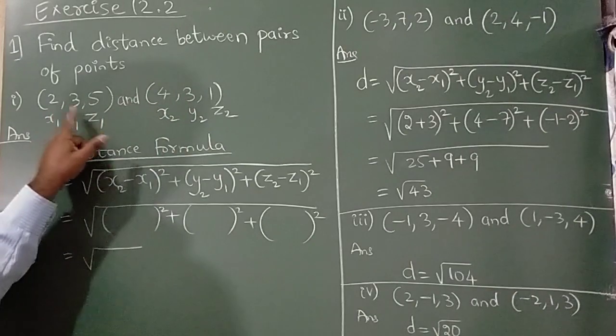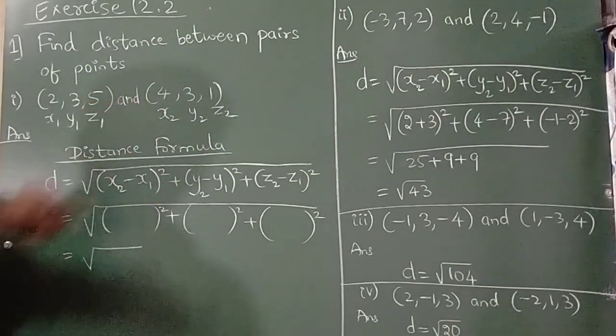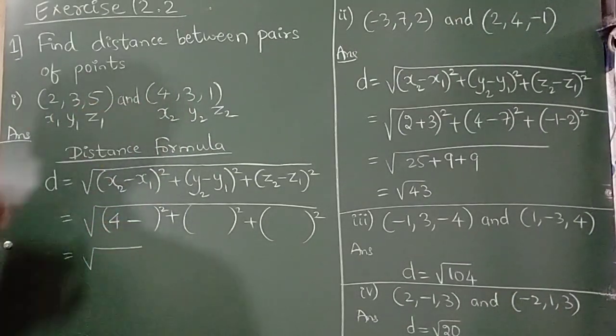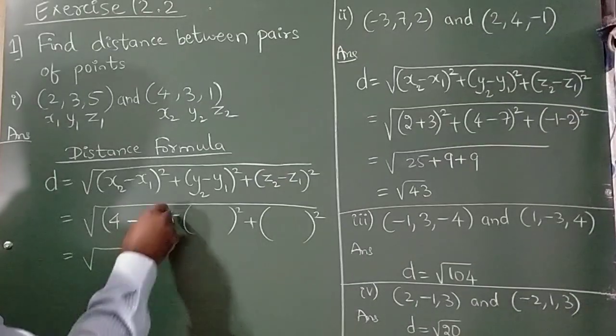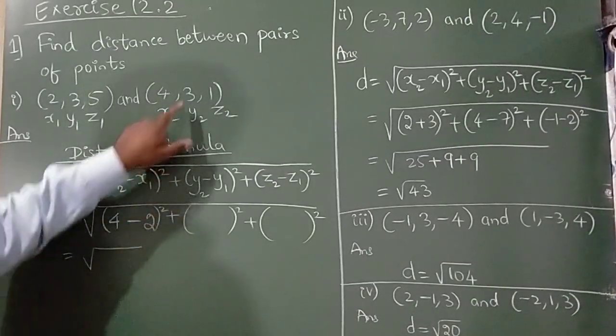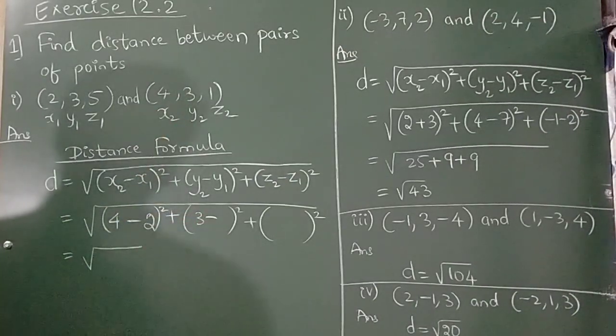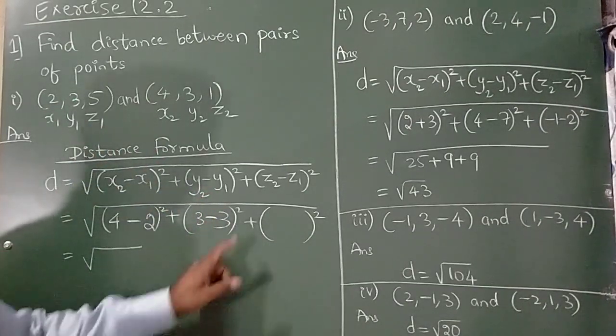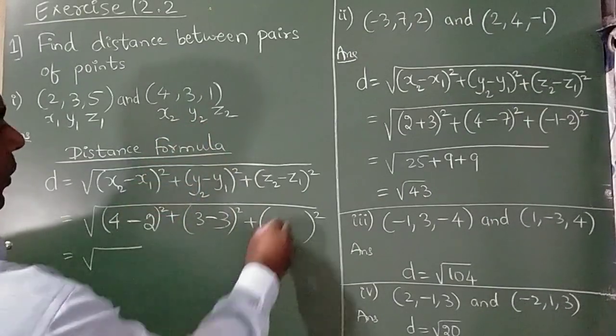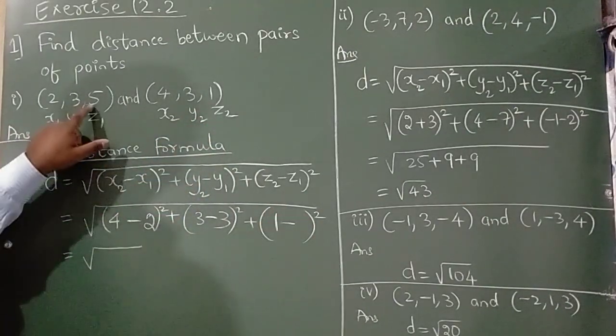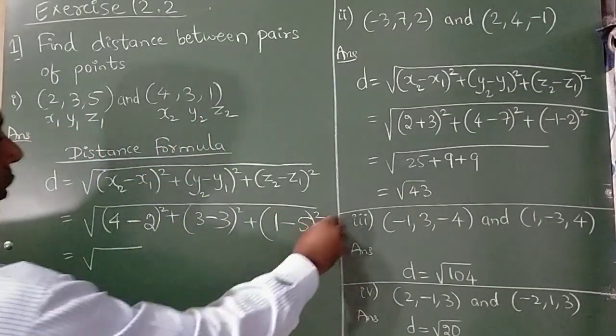Now in this given question, what is x2 here? It is 4 minus, what is x1? It is 2, whole square, plus y2, it is 3 minus, what is y1? It is 3, whole square, plus what is z2? 1 minus, what is z1? 5, whole square.